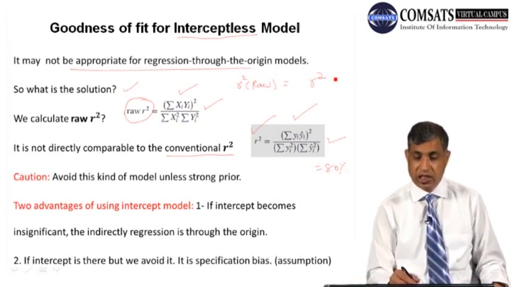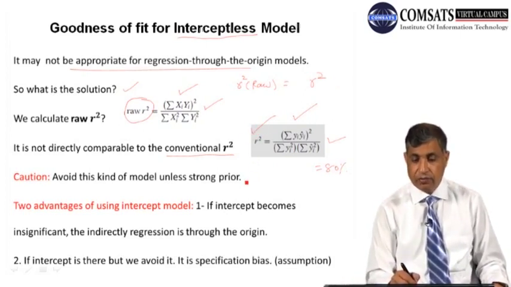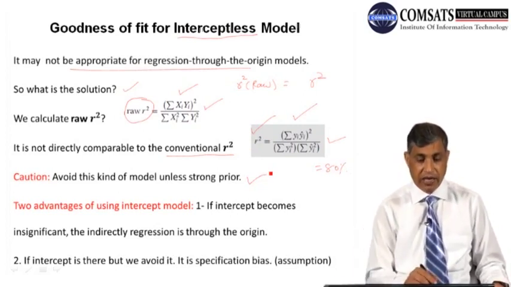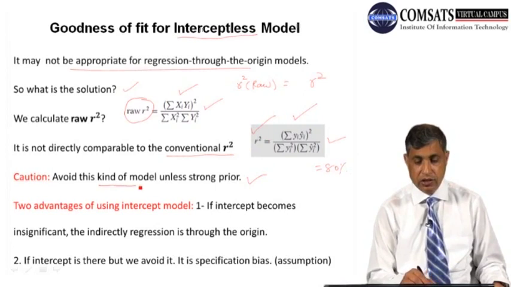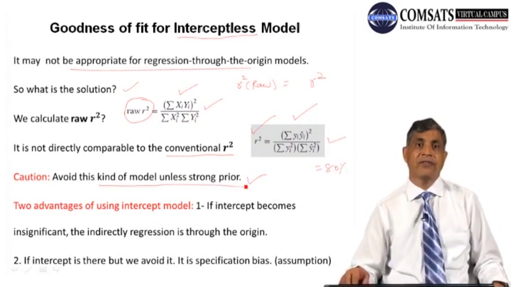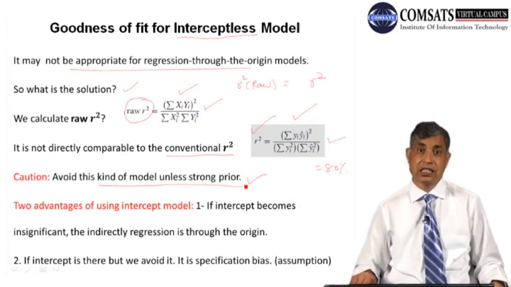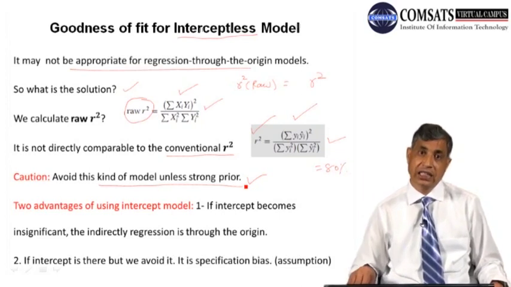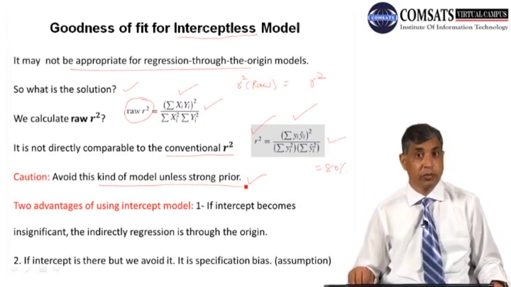So the caution is, first, avoid very huge claims, and avoid this kind of model unless you have strong prior information. Most of the time I will suggest, and I will re-suggest, that you should avoid such a model that has no intercept.